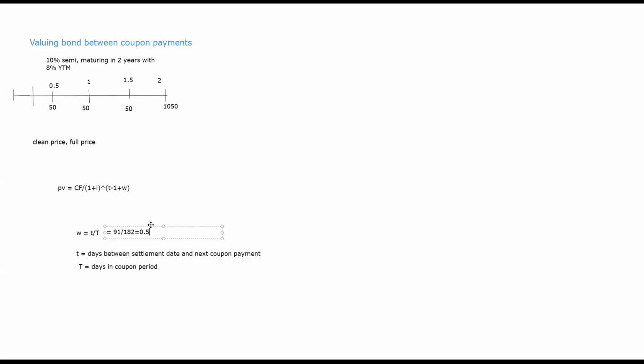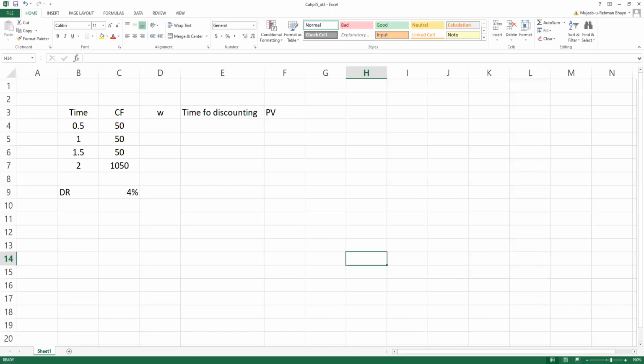I will continue this example in the Excel sheet. Again, the cash flow occurring at the original time. Remember, we calculated W to be 0.5.